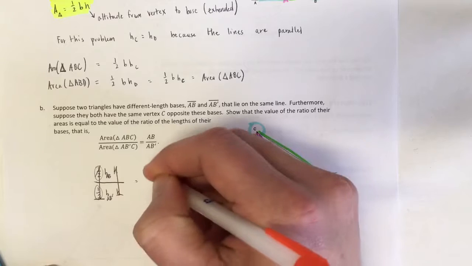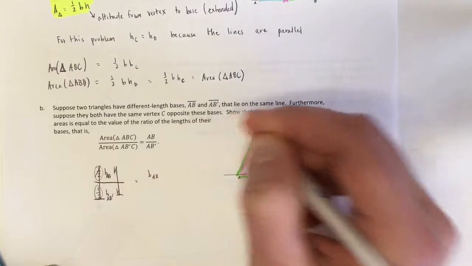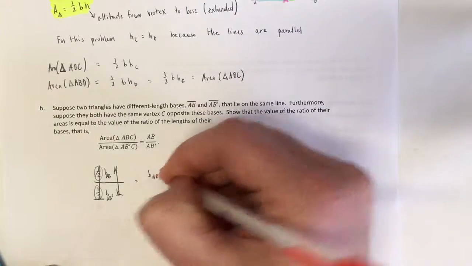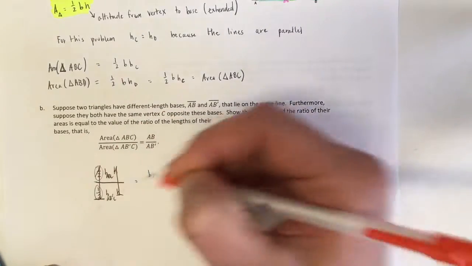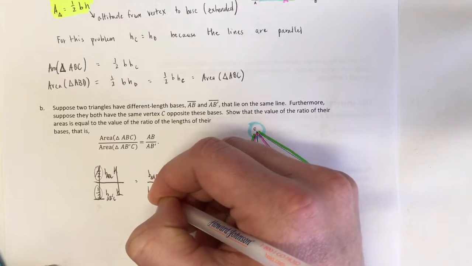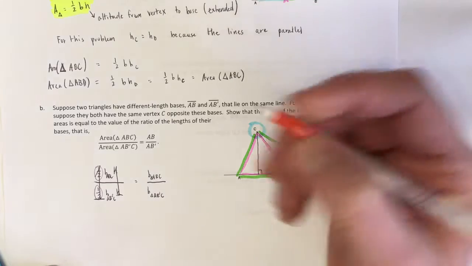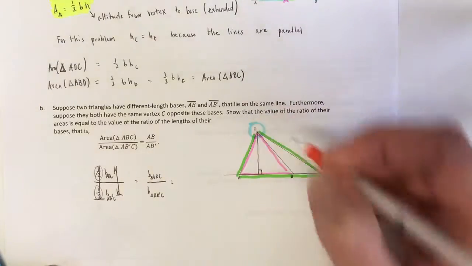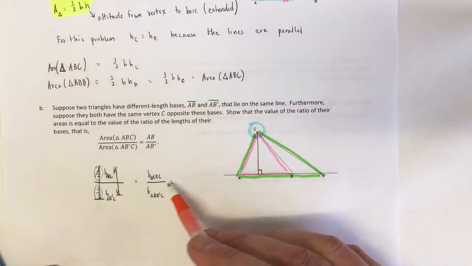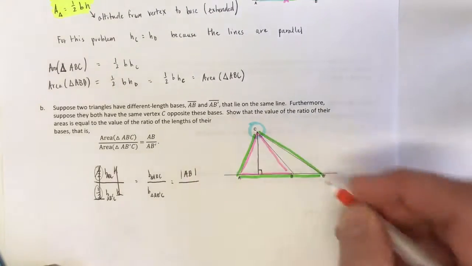And so what I'm left with is the base of triangle ABC over the base of triangle AB prime C. But we know the base of ABC is really just AB, the length of it.